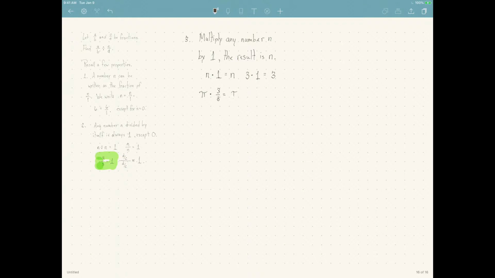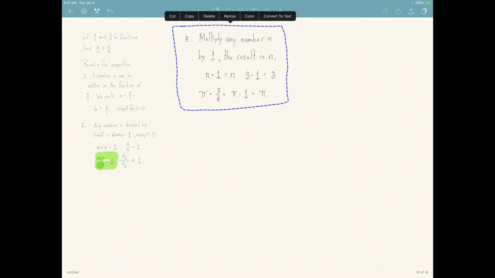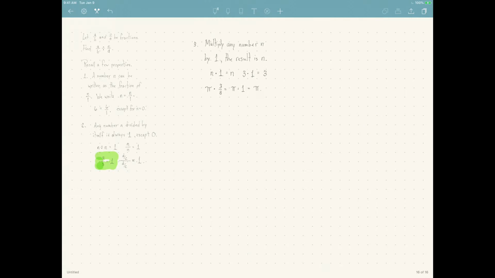So now this is the problem of pi times 1, and we know that pi times 1 is simply pi. That's the next piece we need: any number multiplied by 1 is just that number. I'm going to cut that, resize it, and move it down here. Now I think we're ready to move on.